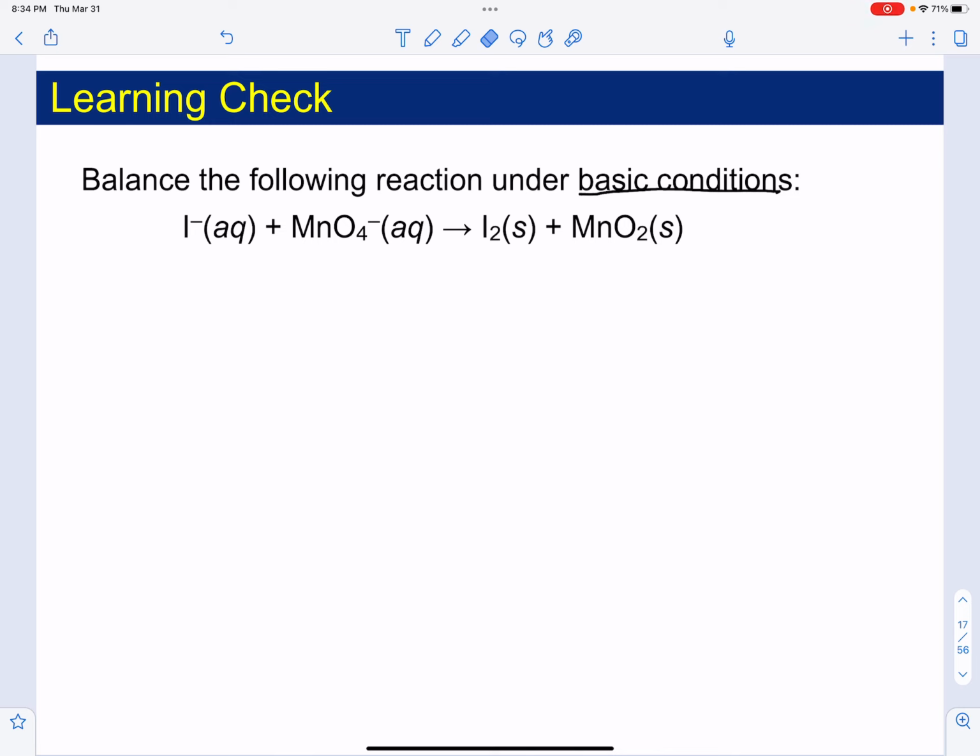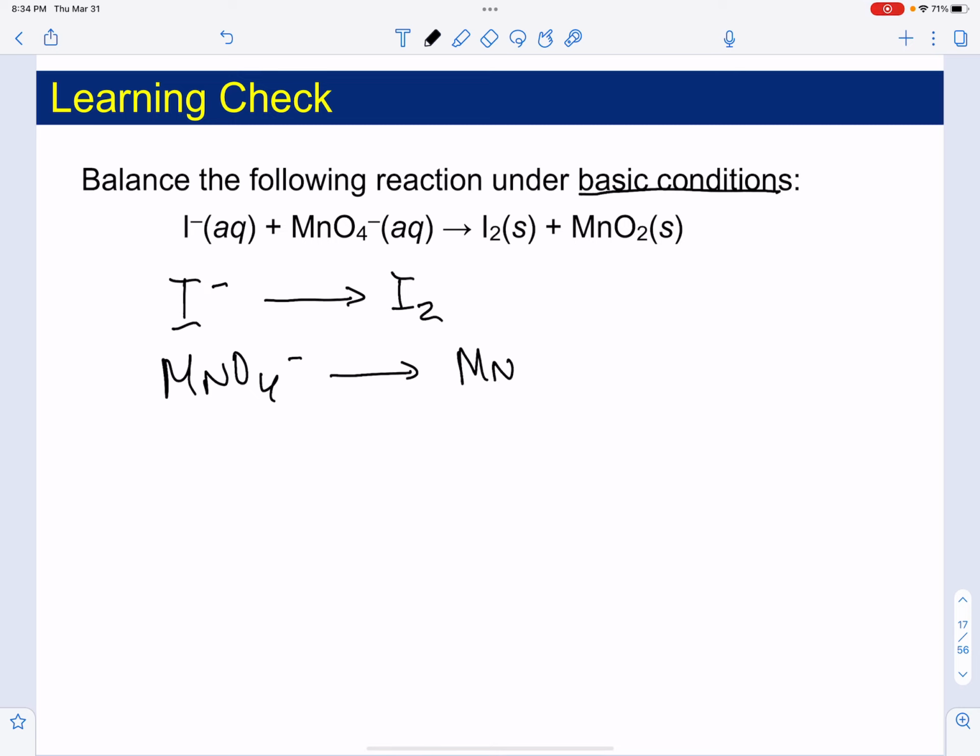So the iodide is going to turn into iodine, and the permanganate is going to turn into manganese(IV) oxide.